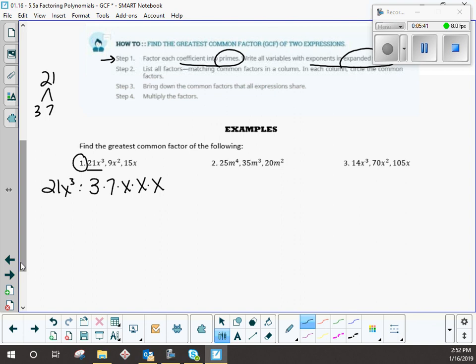And then I'll do the same thing for 9x squared. 9 is 3 times 3. So I have 3 times 3 times x times x. And then 15x. What is 15? 3 times 5.